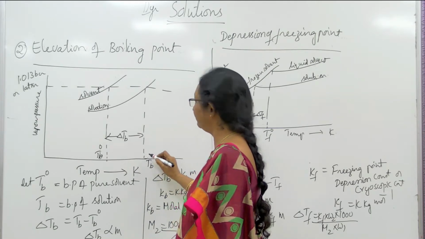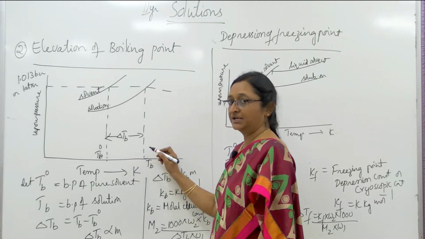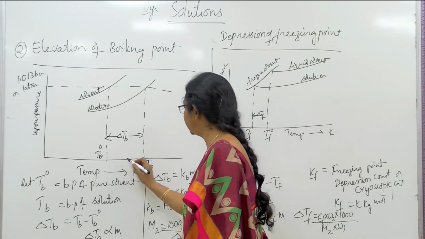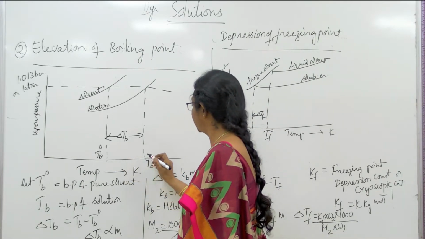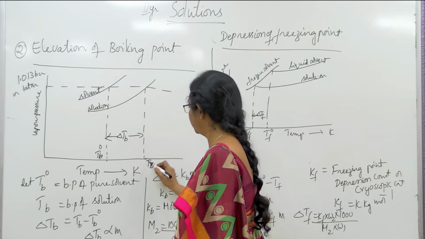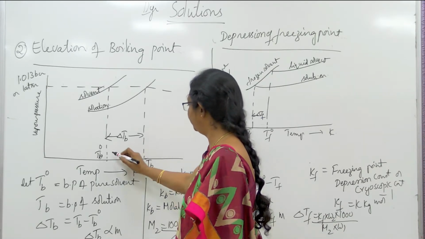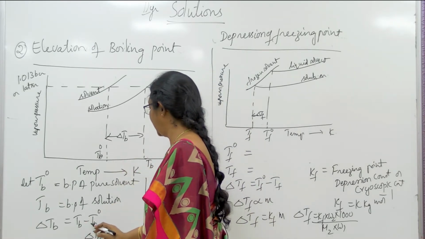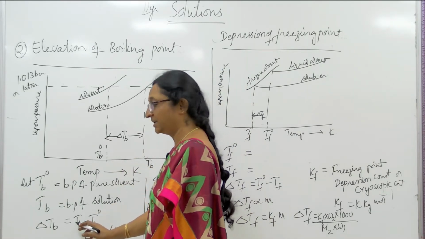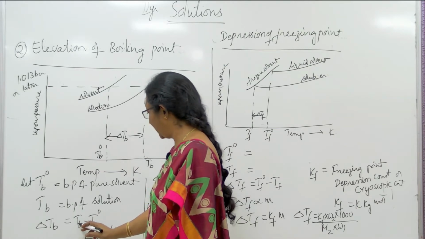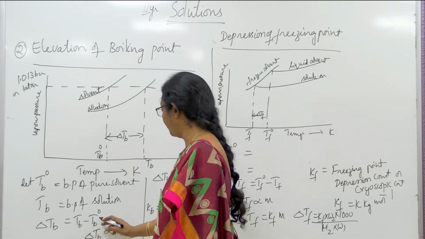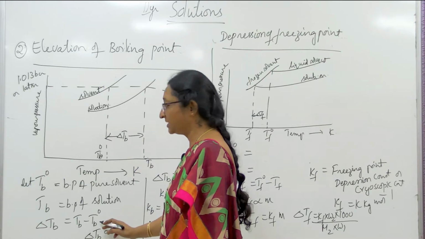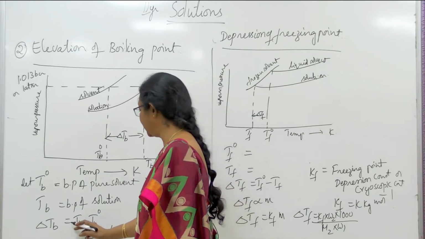Now, let us see this graph drawn between vapor pressure and the temperature in Kelvin. This is the boiling point of the pure solvent, TB0. TB0 is the boiling point of the pure solvent, and this one is TB, the boiling point of the solution where non-volatile solute is added.